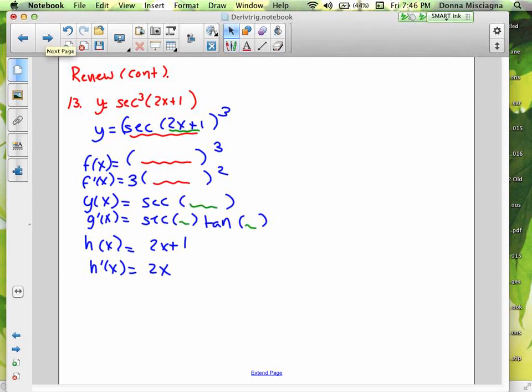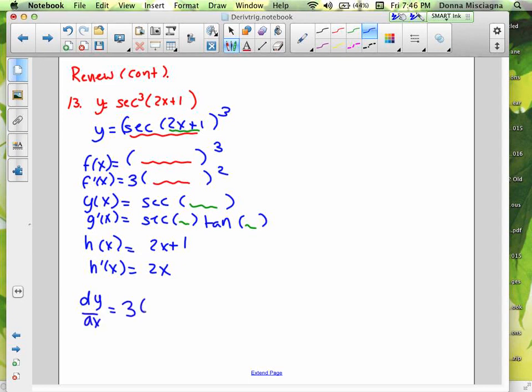All right, so let's get our final derivative here by just multiplying all of our derivatives for each of our functions here. So dy/dx is going to be 3 secant (2x plus 1), and that is squared. And actually, I'm going to put the square right there.